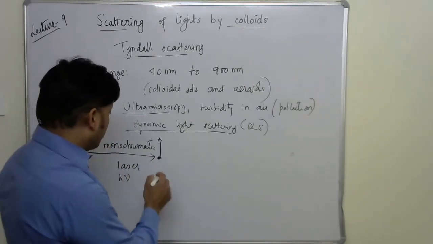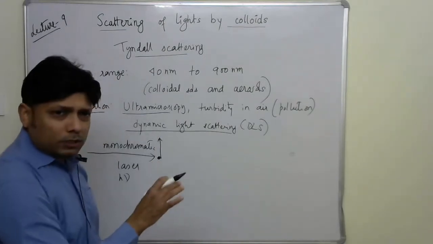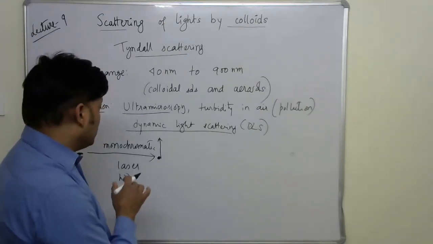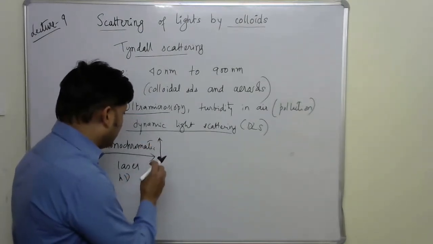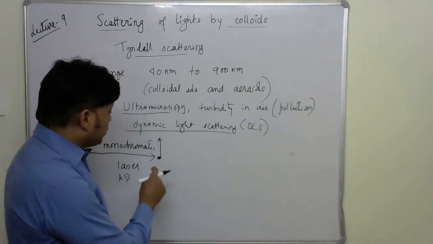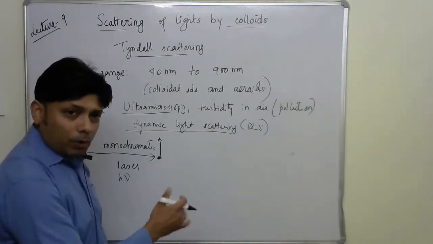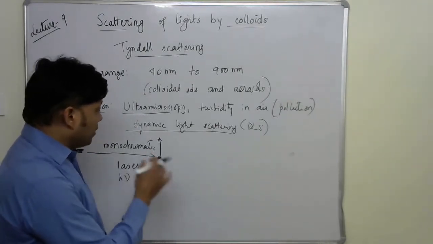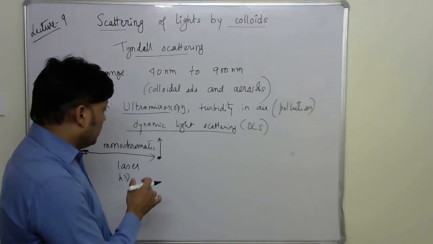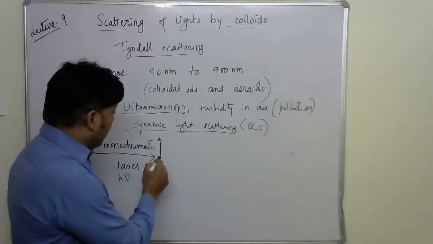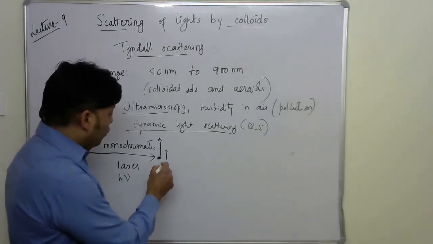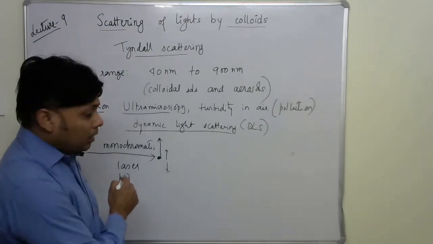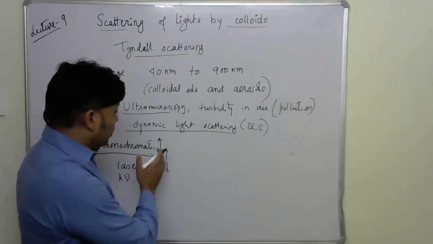But remember, these particles are in motion. If we do not apply the electric field, these particles are subjected to random thermal motion, or Brownian motion. Due to this random Brownian motion, these particles may move towards the observer or away from the observer.